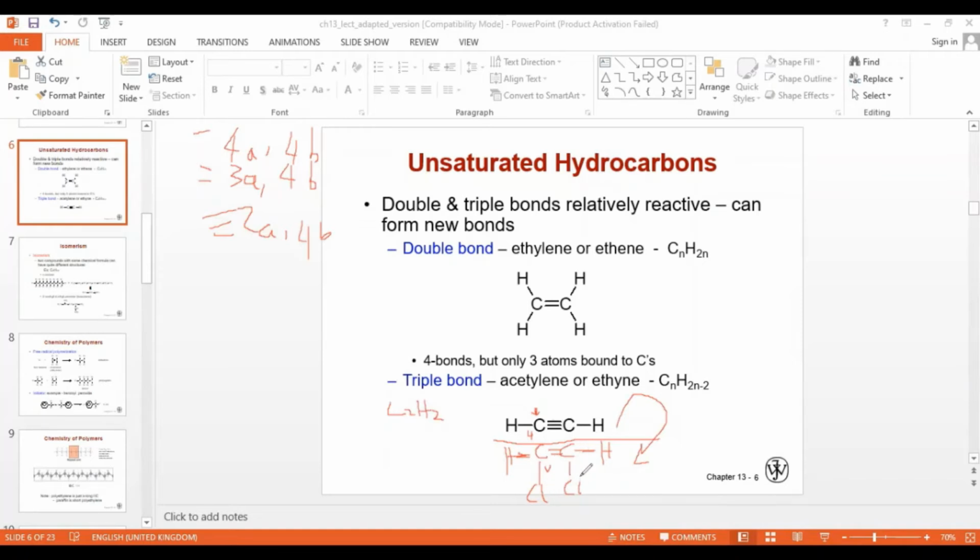This bond is broken to accept that chlorine. With that broken bond, so now I had 3 bonds, it's broken to 2. So now what we have is C2H2Cl2. This is after breaking one bond.